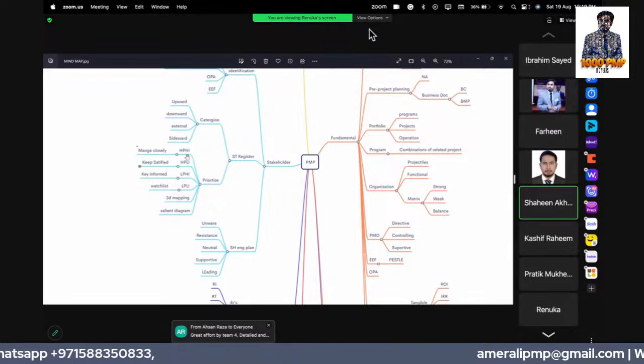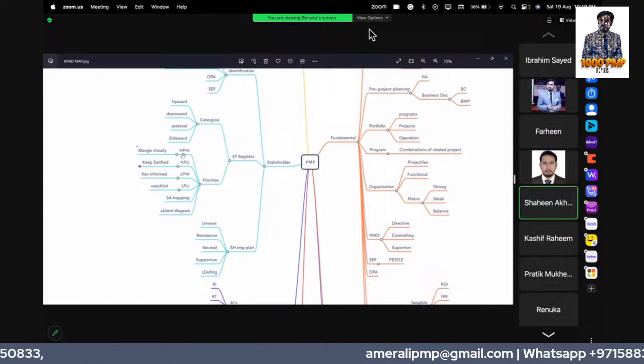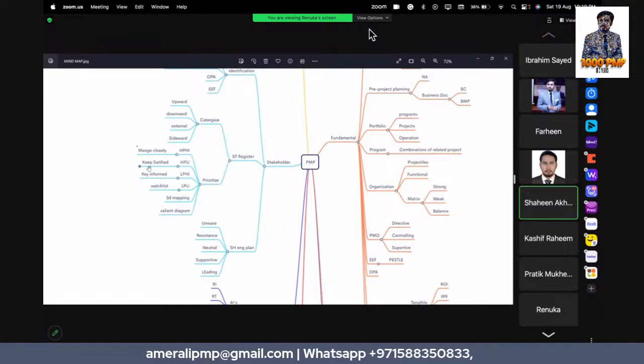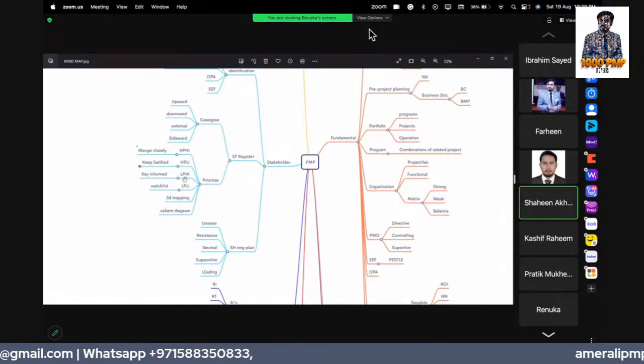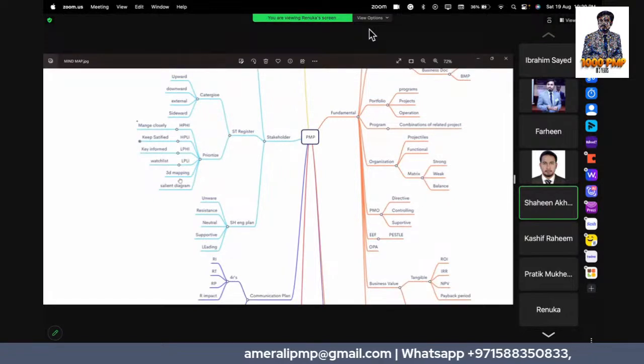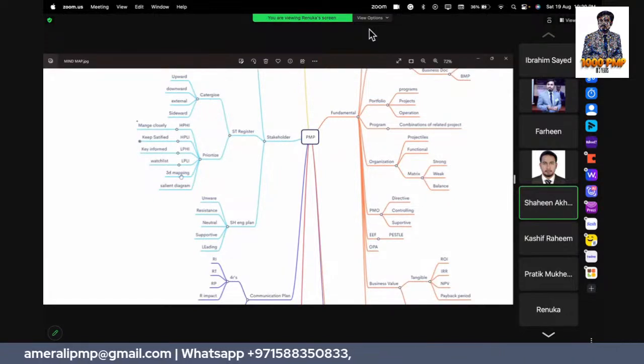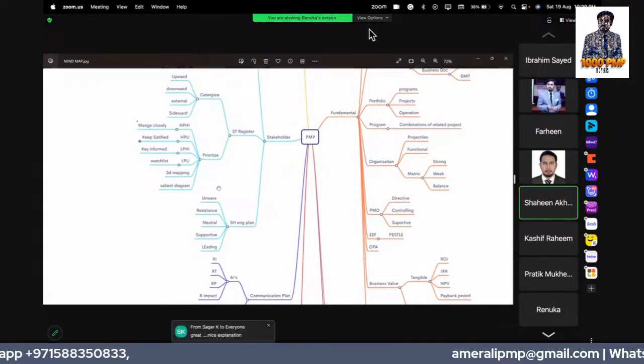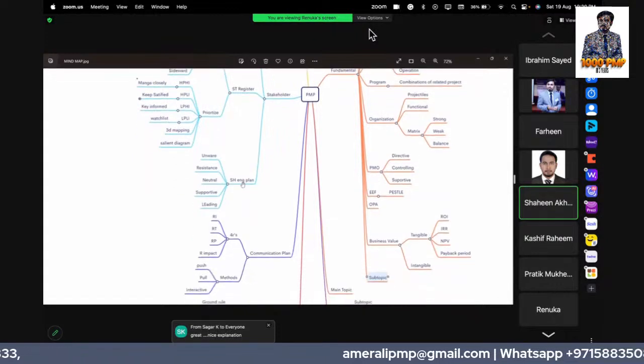So there is high power, high interest: we manage closely. High power, low interest: keep them satisfied. Low power, high interest: keep them informed. Low power, low interest: we keep them on the watch list. Then we can also prioritize through another tool called the stakeholder cube, and there is the salience model that we can use for prioritizing the stakeholder.